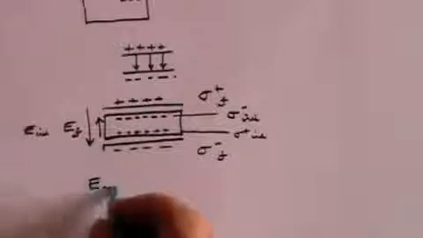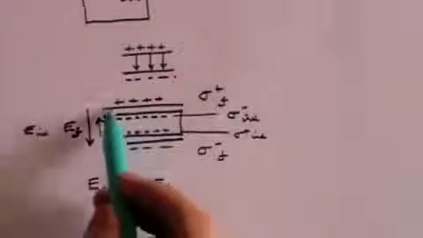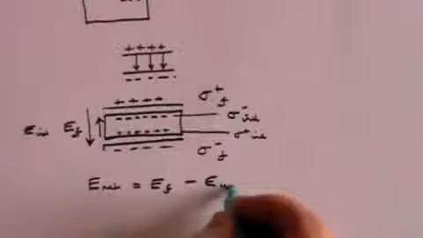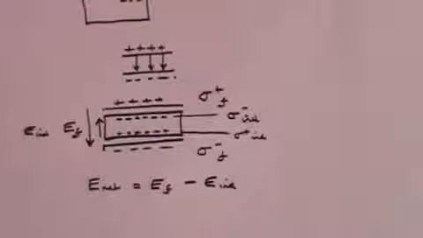So the net field in the downwards direction is going to equal the free field between the two plates minus the induced field between the two edges of the dielectric.